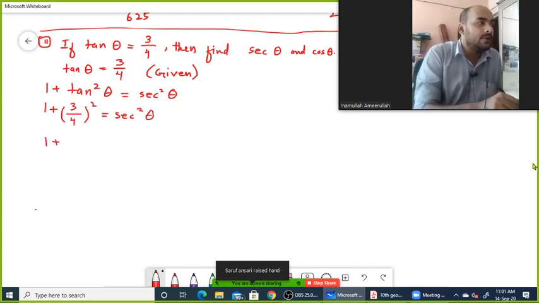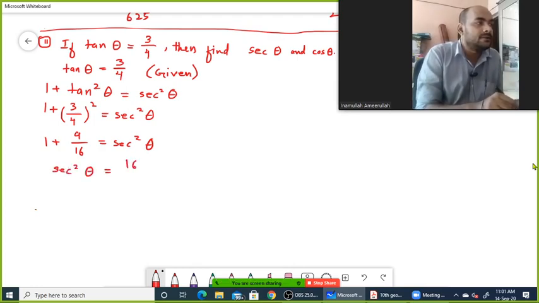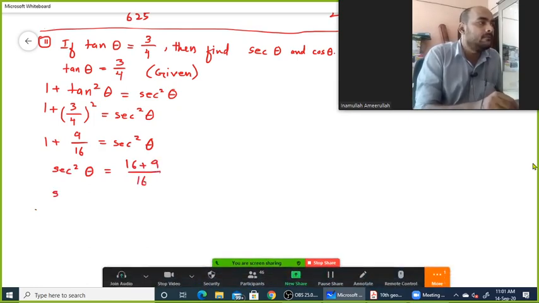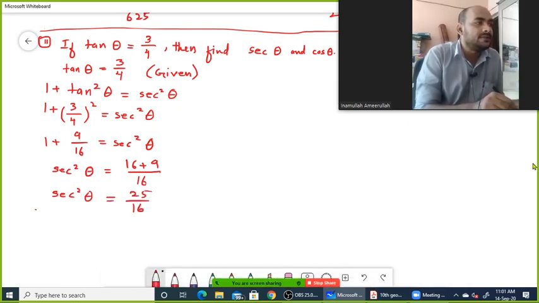So 1 plus 3 by 4, that is 9 by 16, sec square theta. So sec square theta will become 16 plus 9 upon 16. So sec square theta is 25 by 16.